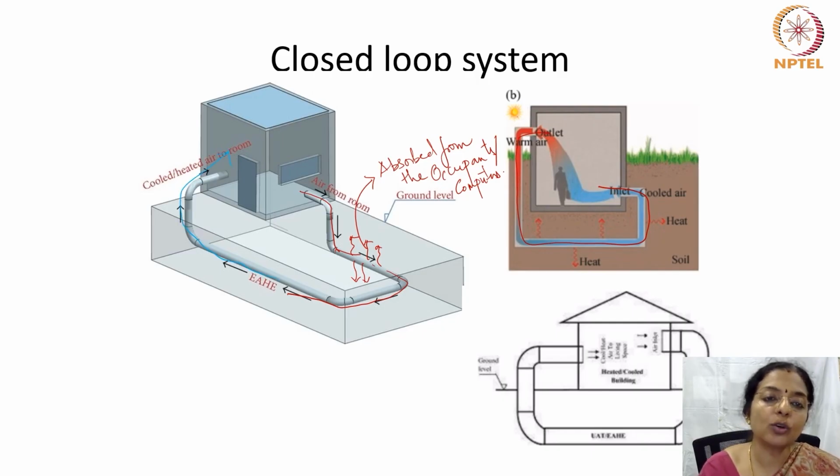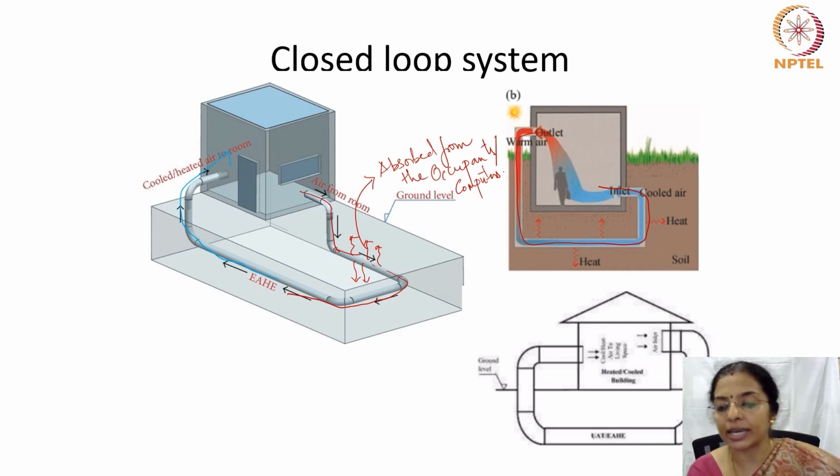Then this cooler air will absorb the heat from the occupants. The occupants and the apparatus, like computers or machineries, generate heat, because of which the indoor air becomes warm. This warmer air again passes through the same loop, again becomes cool, and this cycle continues.